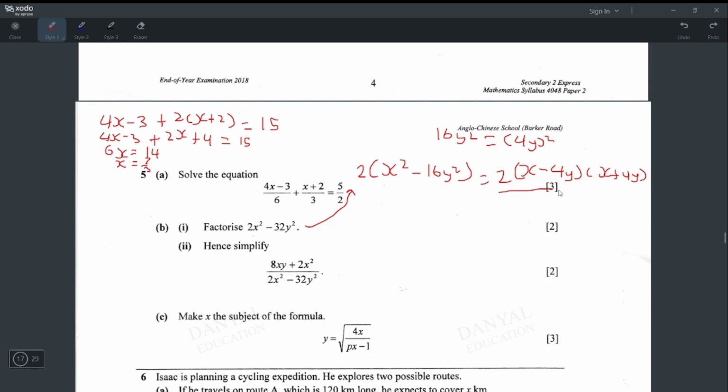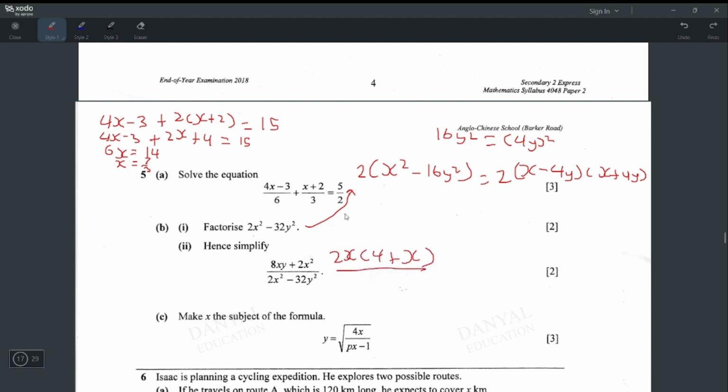And using this part right here, we can solve part 2, which is simplifying this fraction right here. Firstly, the upper part, we can factor out the 2x. In here, 8x contains 2x as a factor, and 2x squared also contains 2x as a factor. So we can factor out 2x, and this will become 4 plus x.